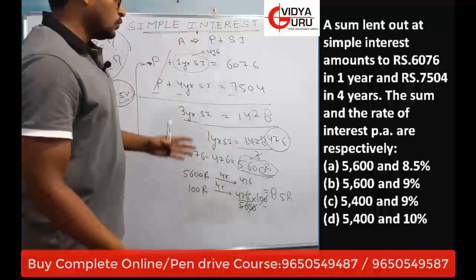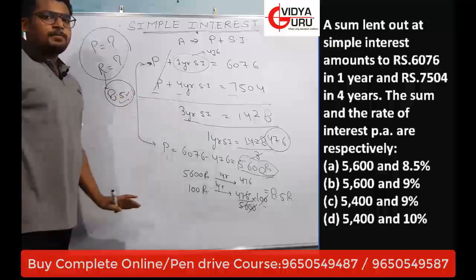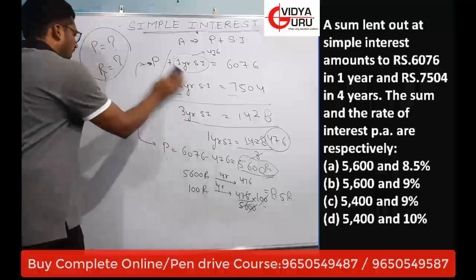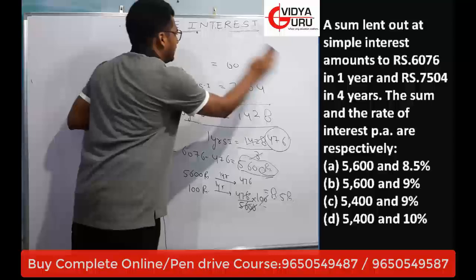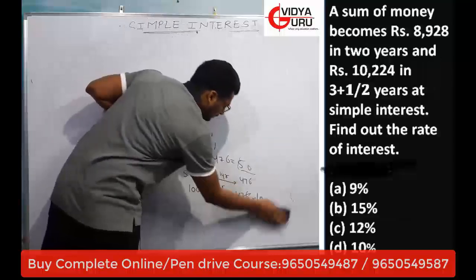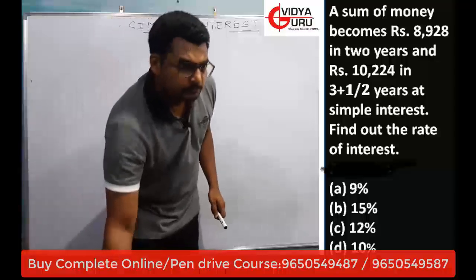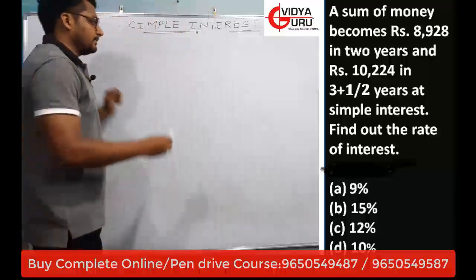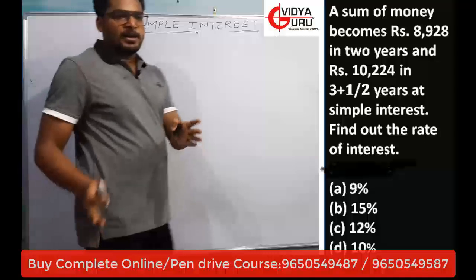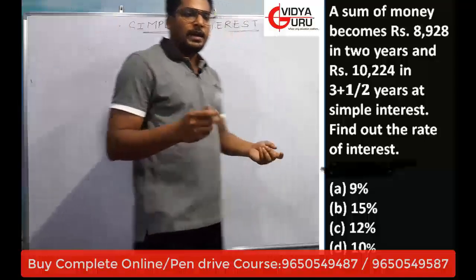Now coming on to one more question of the same type. It will help you to understand it better. What is the next question saying? A sum of money becomes 8928 in 2 years.